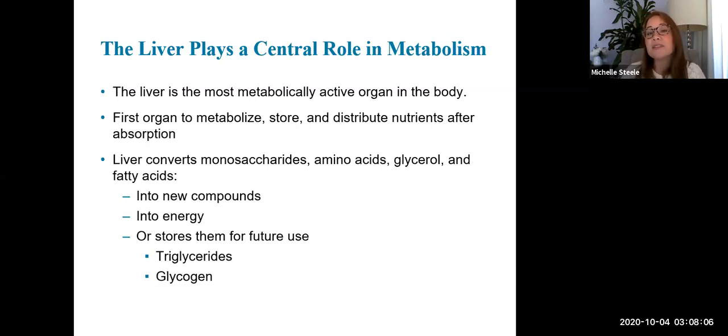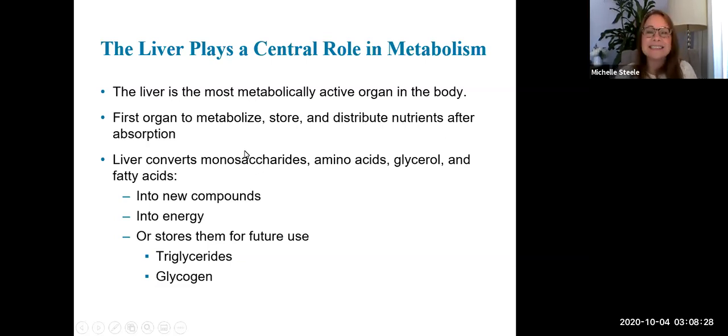Also, we talked about the liver being responsible for the metabolism of toxins in the body, such as alcohol. So the liver is the most metabolically active organ in the body. It's the first organ to metabolize, store, and distribute nutrients after absorption.